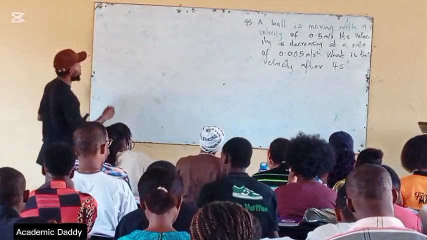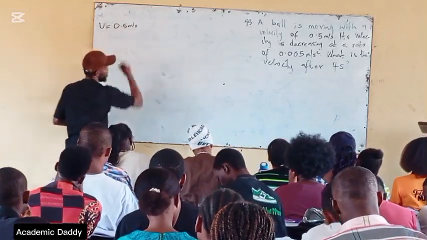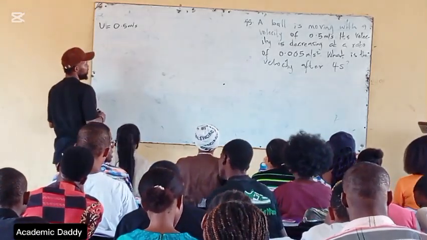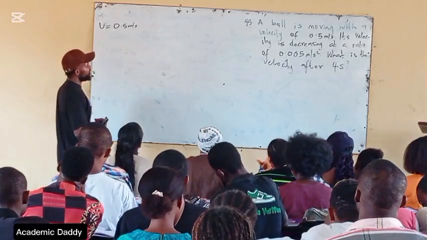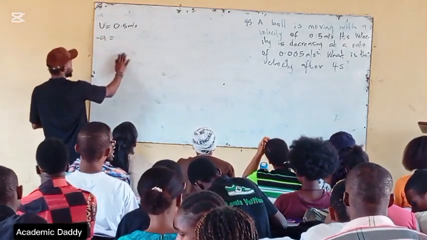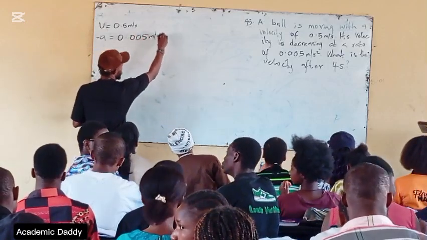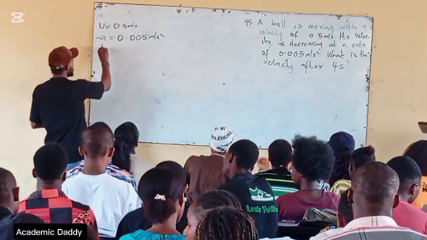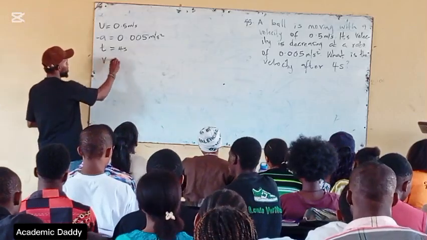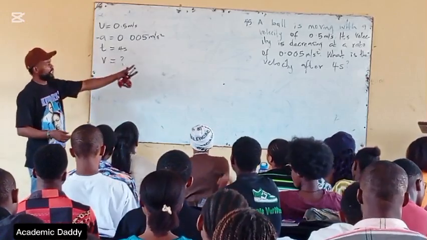Alright, they say the ball is moving with a velocity, so my u is going to be 0.5. Then they say its velocity is decreasing at a rate of 0.005 meters per second squared. So my a will be minus 0.005. See, I'm using minus a because I know that we are talking about decreasing.